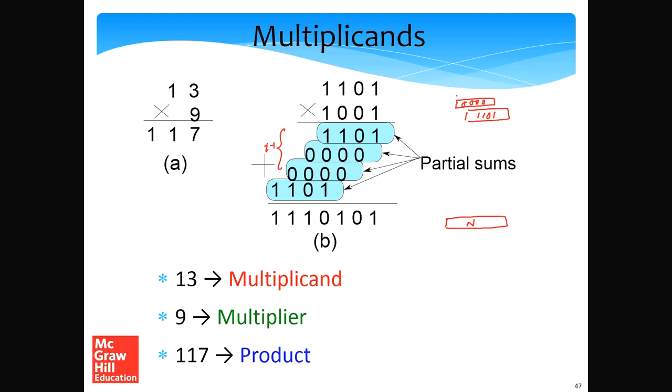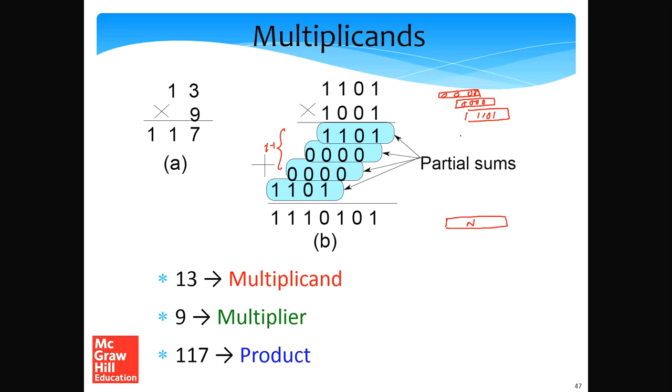Then we shift it one step to the right again and add 0000. Then we again shift this one step to the right and add, which is exactly what we are doing. So instead of shifting the partial sums one step to the left, we can shift the partial product, which is our current accumulated set of partial sums, one step to the right, of course not losing any bits, and keep adding the multiplicand if need be.